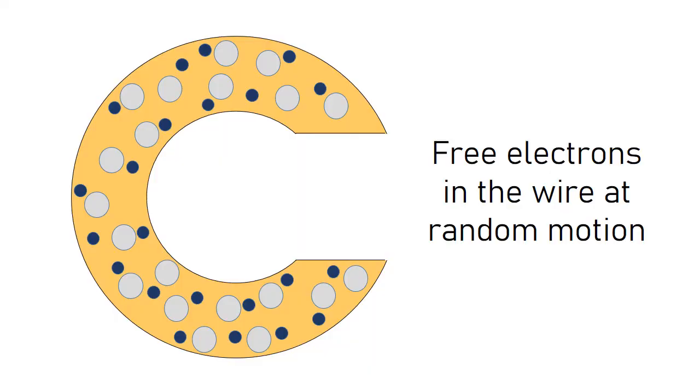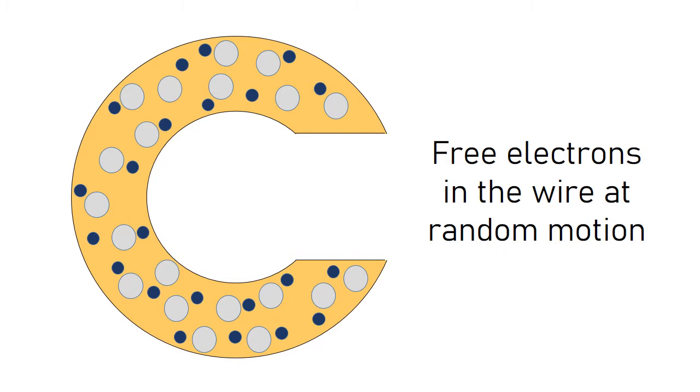So, we'll see the picture of it. Now see the picture given here. It's a piece of copper wire bent in the shape of C. And you can see light colored bigger circles and dark colored smaller ones. Those bigger ones represent atoms and the smaller ones represent electrons.